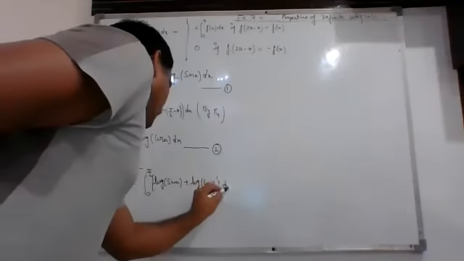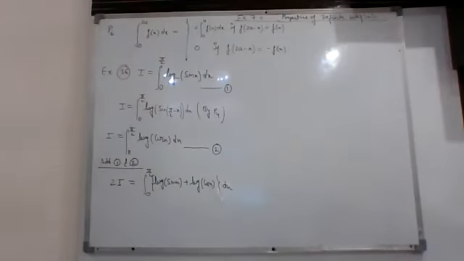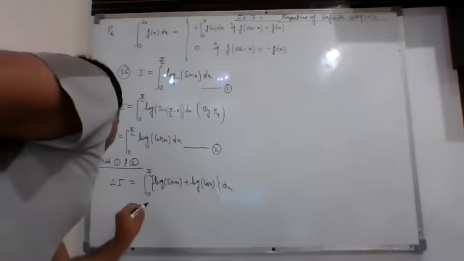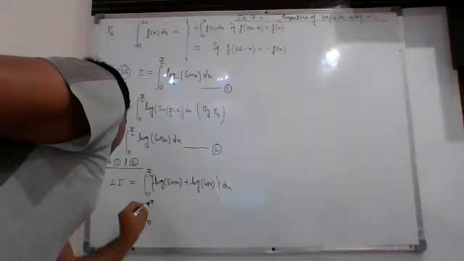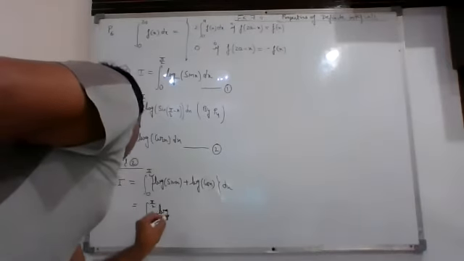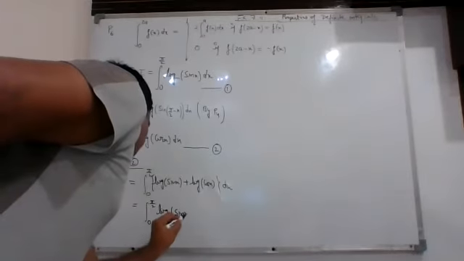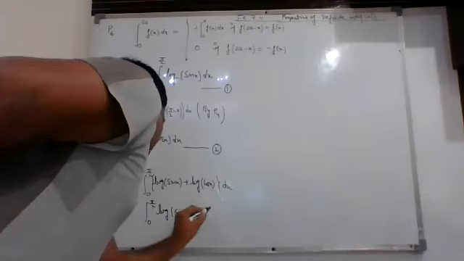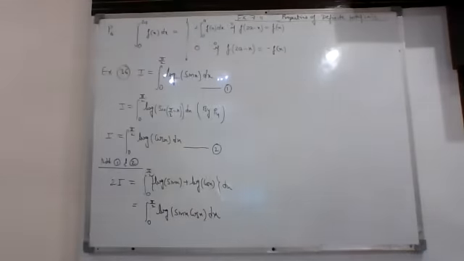Now by using the property of log m plus log n can be written as log mn, this can be rewritten as the integral from 0 to 90 of log (sin x into cos x) dx. This we had written by using property of log.